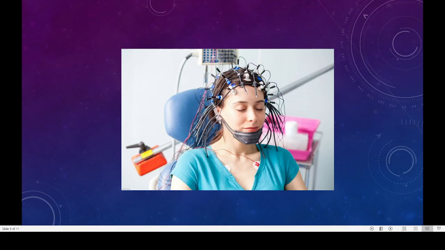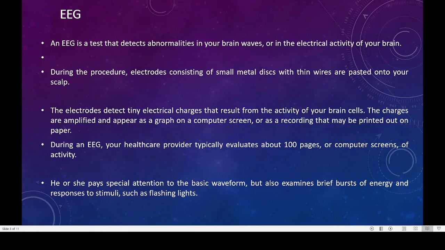It is a very weak electric current, mostly in millivolts, so we cannot feel it the way we can with other techniques. It is a tiny electricity produced by your brain, and these electrodes pick up that tiny electricity, and it will be amplified, multiplied several times.